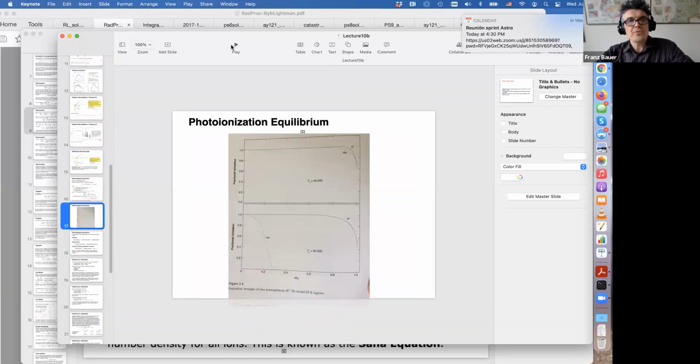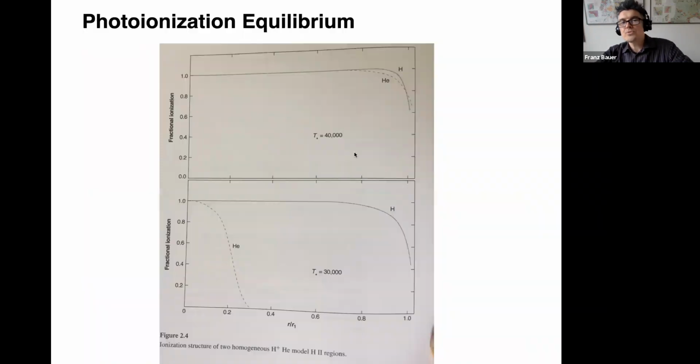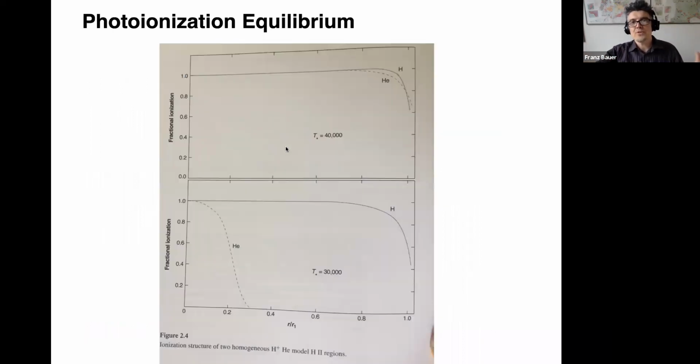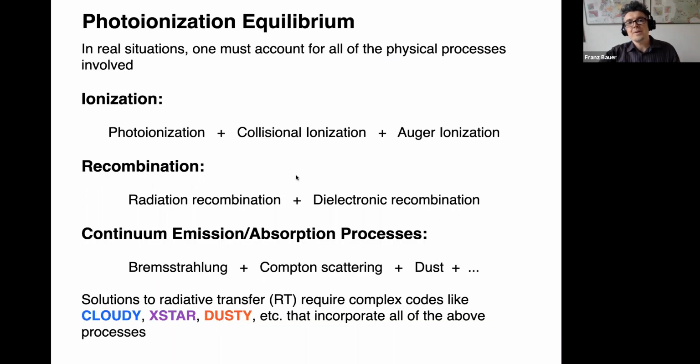Okay, so in essence, you can do this for simplistic scenarios, but in real situations, this is not pure photoionization or recombination. In most physical situations, you have a combination. So the ionization might be from photoionization plus collisional ionization plus Auger ionization. The recombination would include both radiative recombination and dielectronic, and maybe even three-body.